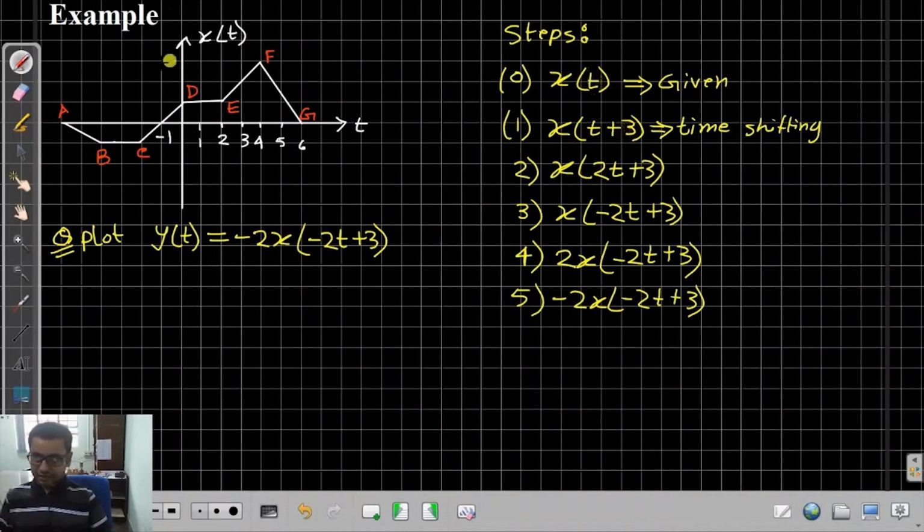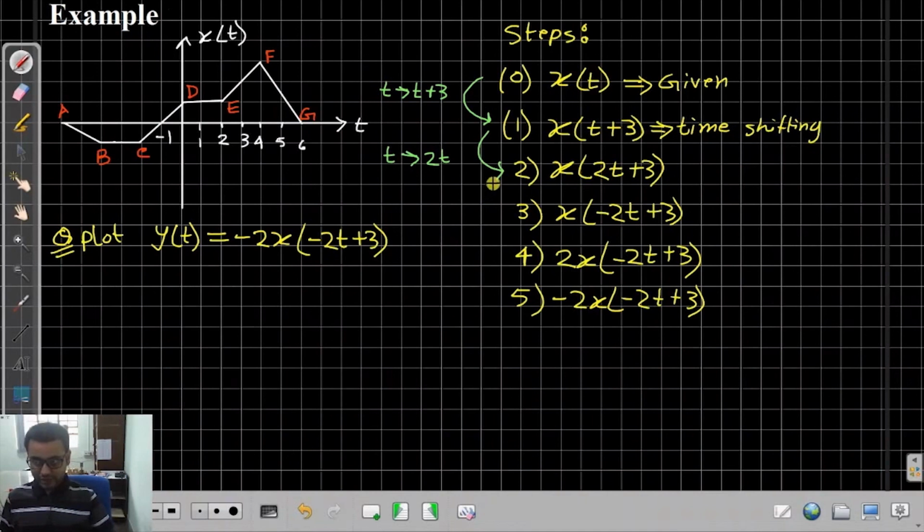Okay, t is becoming t plus 3. So from here to here we make t as t plus 3. Then from here to here, what is happening to t? t is becoming 2t. Always note what is happening to this variable t. That is the key point.